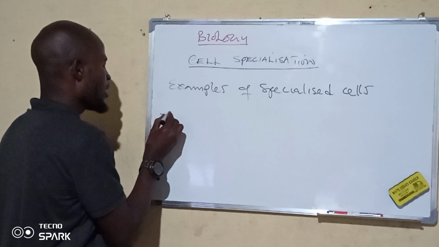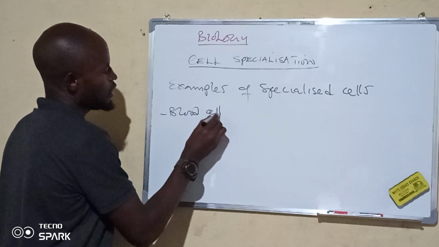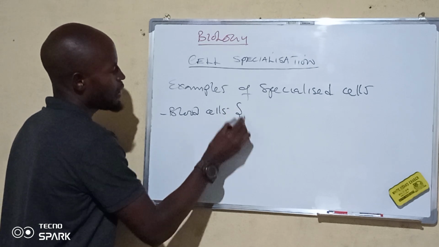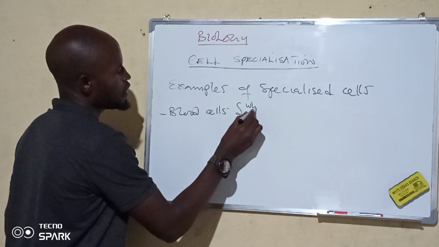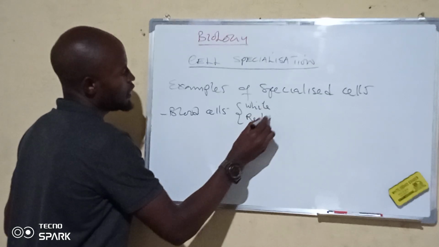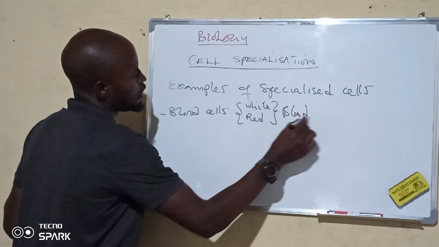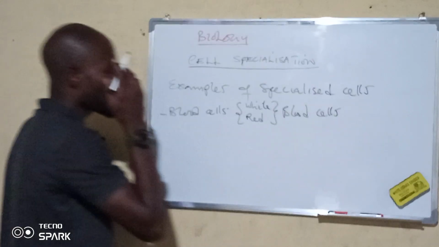The first one, we have blood cells. Under the blood cells, we have both white as well as red blood cells altogether.